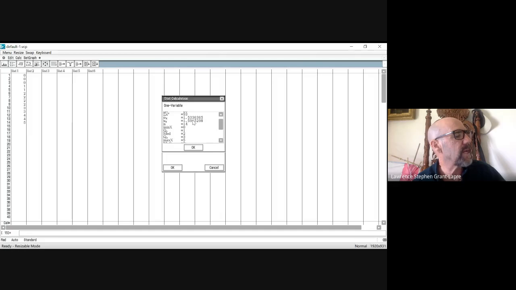And the standard deviation, use SX. I think we just have to go up to, here it is, SX, 1.5915298. So we have to choose.